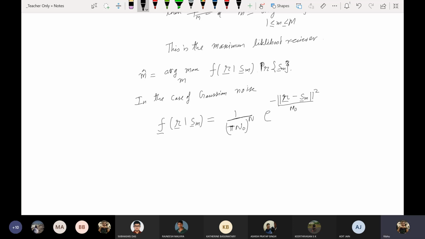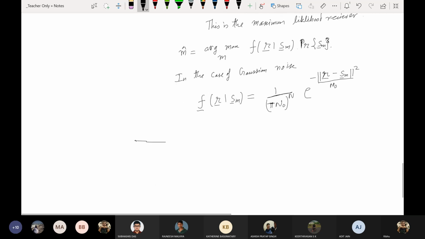Last semester we looked at the PDF of a complex Gaussian, and that comes back to haunt us. So now m hat equals arg max. Sir, is this F of R given SM for Gaussian noise observed or derived?